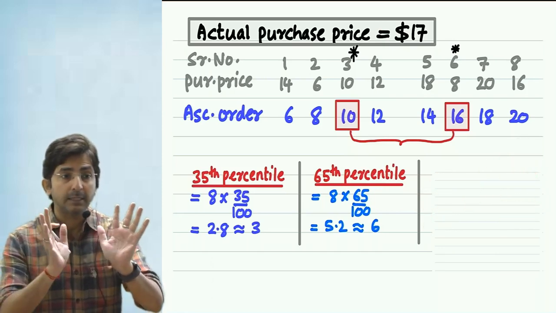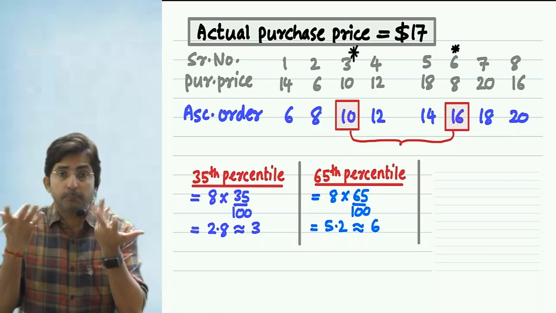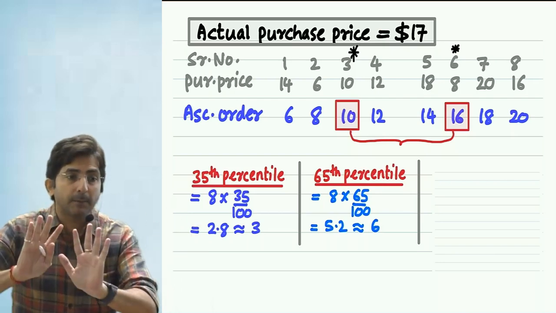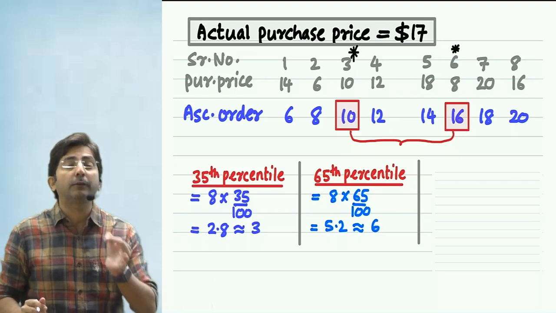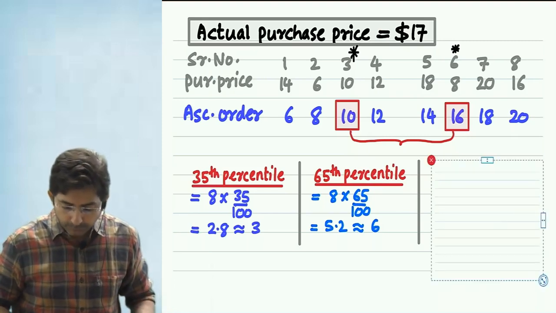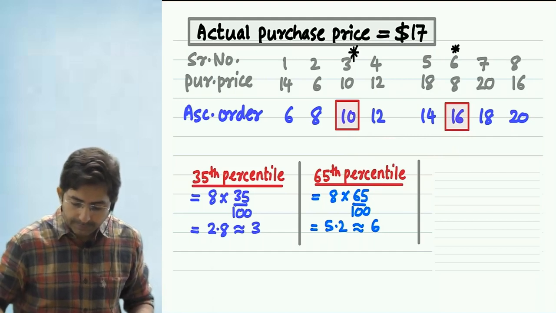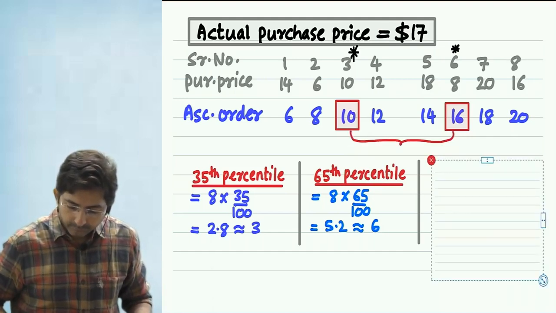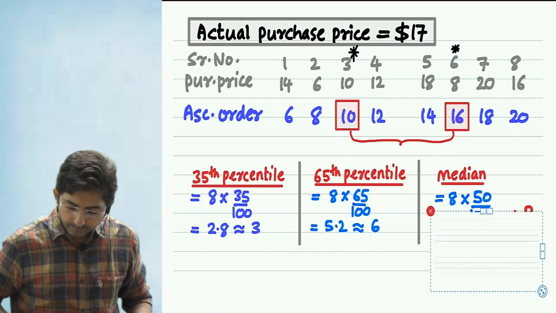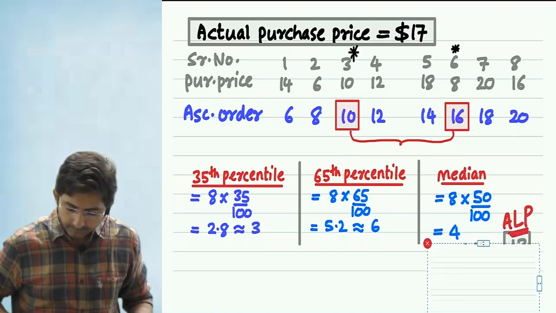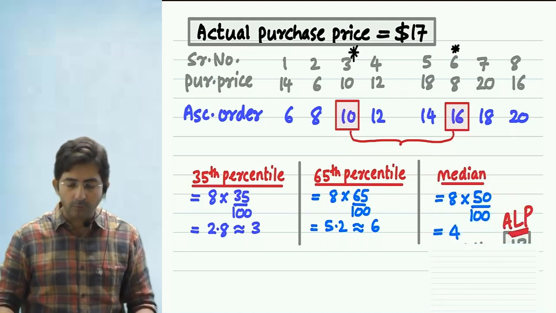Median is 50%. 50% fixed rule. 35th percentile is 35%. 65th percentile is 65%. So what is median? 50%. Calculate 50%. That is 4.